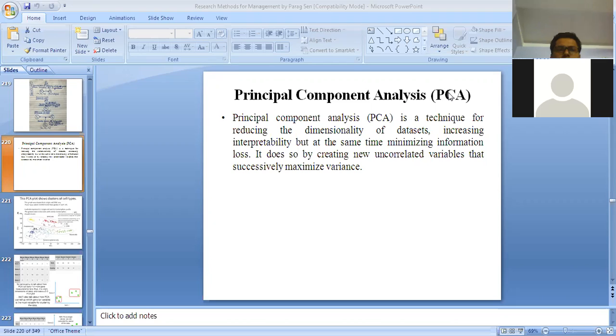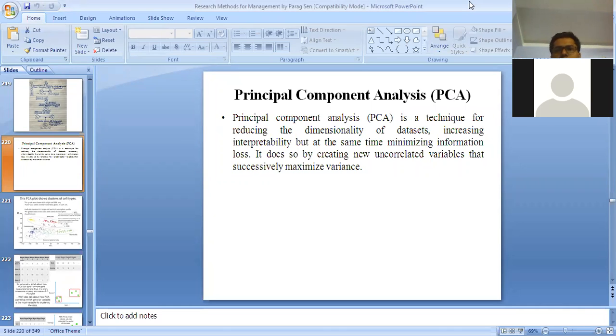Though today we will be focusing on principal component analysis, you will find that in some software like SPSS, which is quite extensively used in social science or management oriented research, you won't get any direct option to carry out principal component analysis.